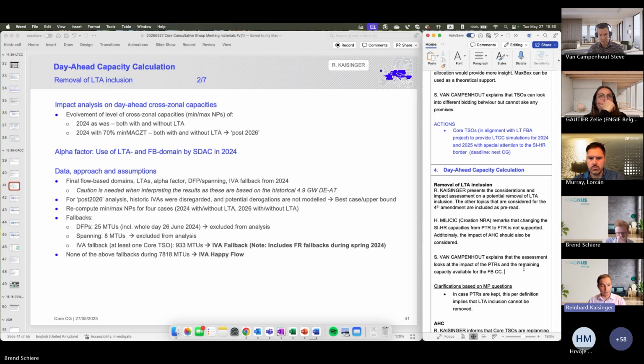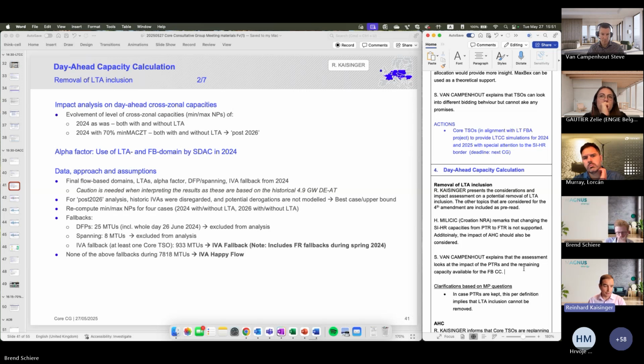With this in mind, the LTAs are still reflecting historic values here, of course. For the post-26, as mentioned, we don't have IVAs, so we have an upper bound that we're going to see here. Then we recomputed the min-max net positions for the 4 cases.